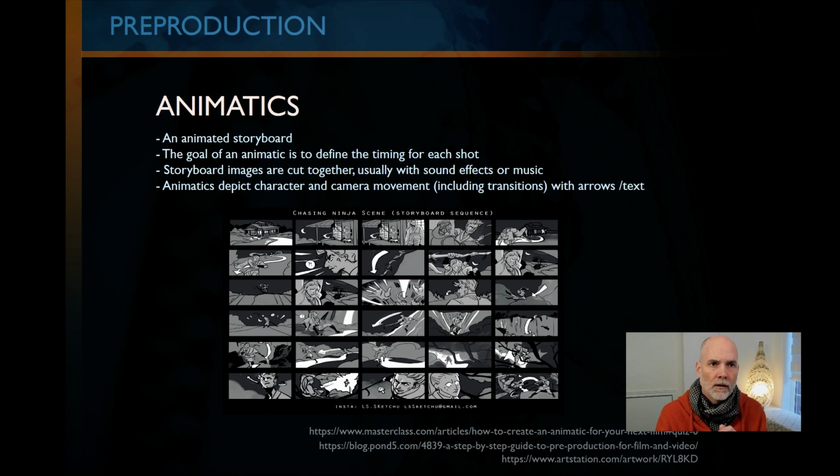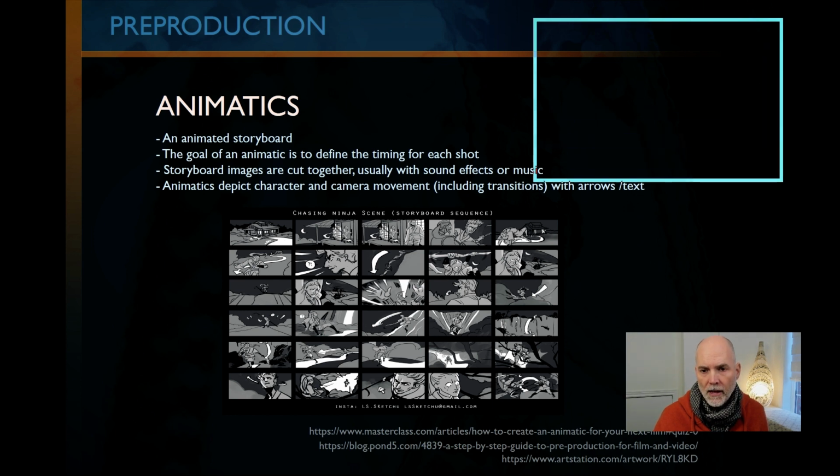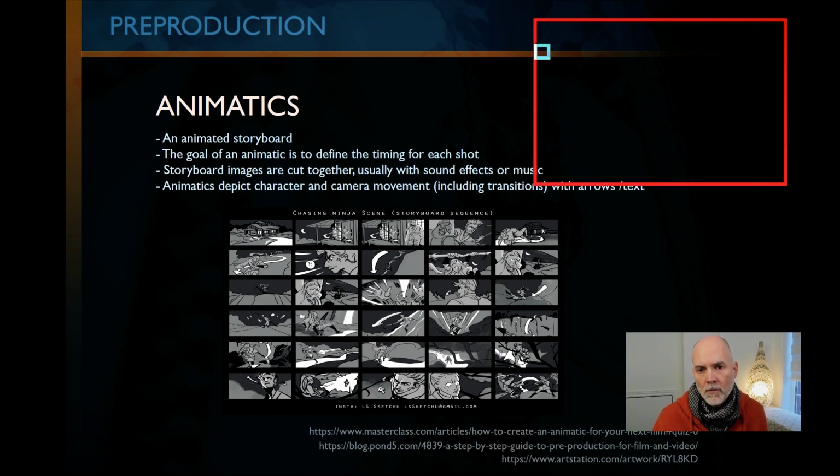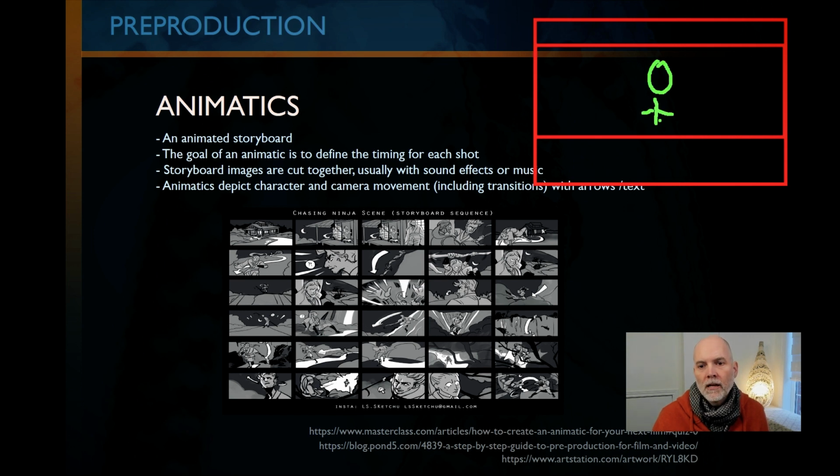Some people will have this much as the scene, but then they'll have this much as the actual action. So your person's here, and then down in here there's writing, descriptions of how things are going to come in, go out, change, be affected, turn into something else, that kind of stuff.